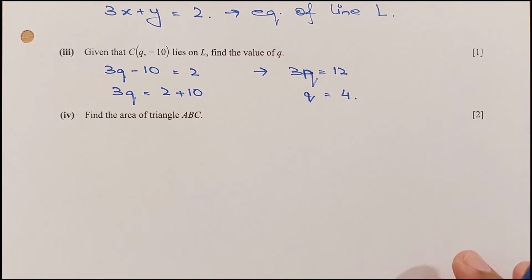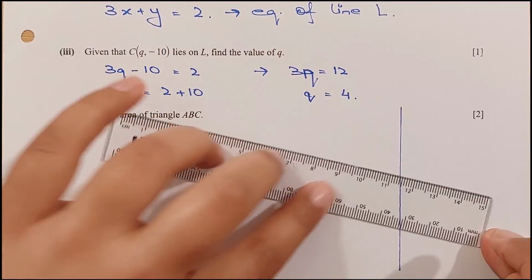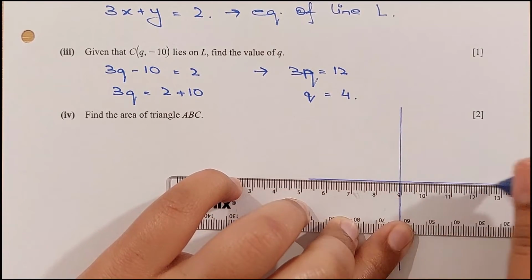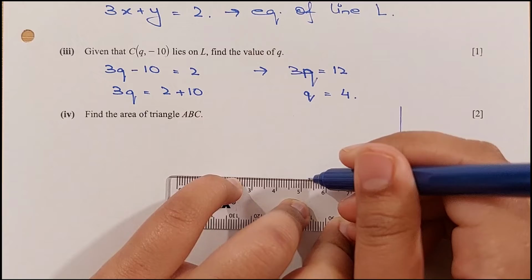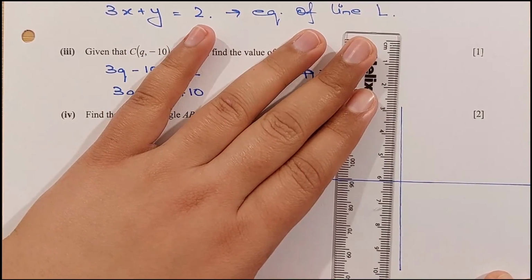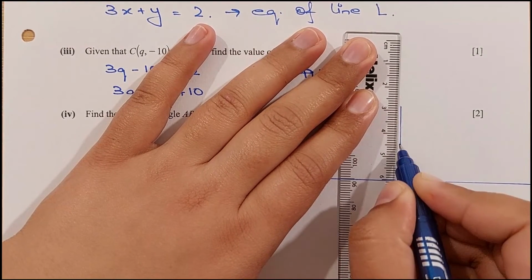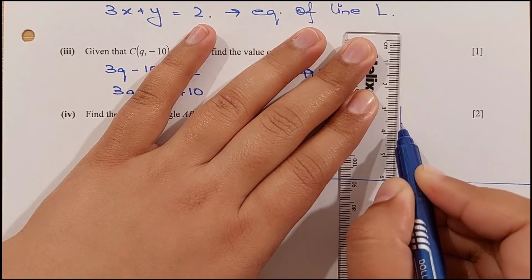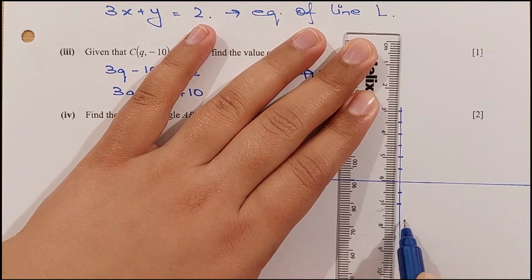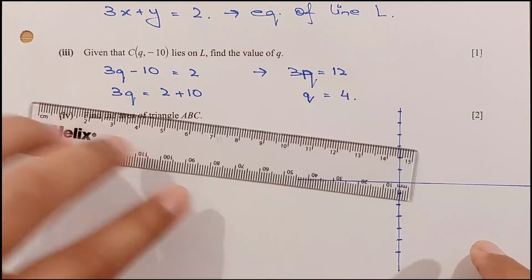We have been given the coordinates of the triangle ABC. Let me draw the triangle and figure out the area of that triangle, right? On the x-axis: 2, 3, 4, 5, 6, and minus 1, minus 2, minus 3, minus 4, minus 5, and minus 6.